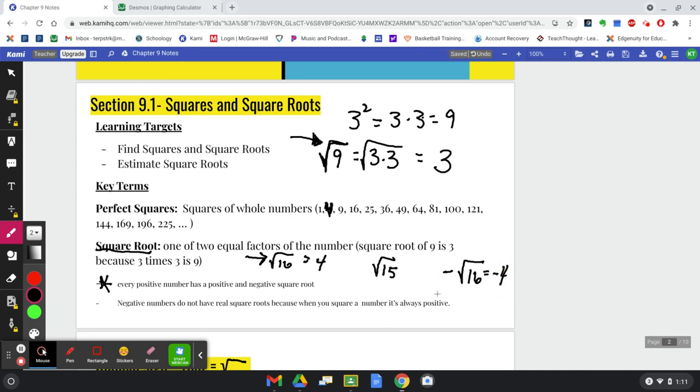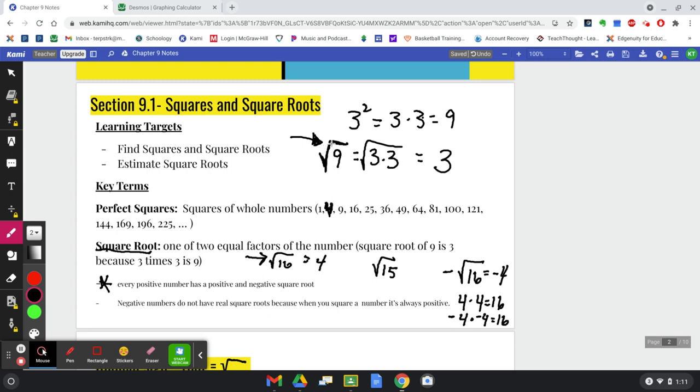And here's why it has both a positive and negative: because we're trying to find what times itself gives me 16. And 4 times 4 equals 16, but so does negative 4 times negative 4, because negative times negative is positive. So we have two different values, both a positive and a negative.